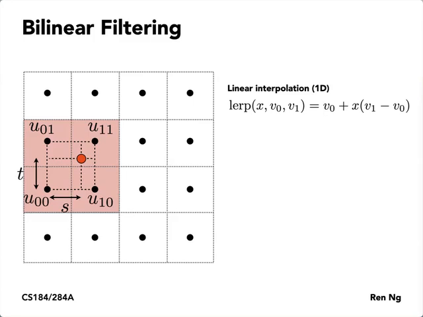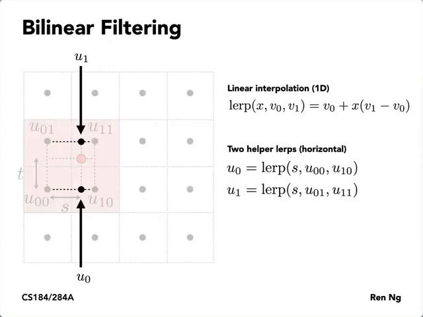We can use this lerping function, an extremely useful and almost ubiquitous function in graphics and lots of other applications, by doing two helper lerps first. We can first do a lerp on conceptually the bottom of this rectangle, from U00, the value of the texture image at this location, and U10, the pixel value of the texture at this location.